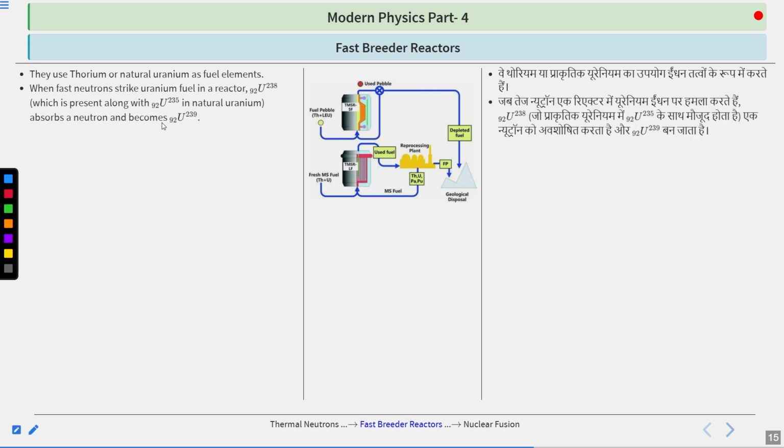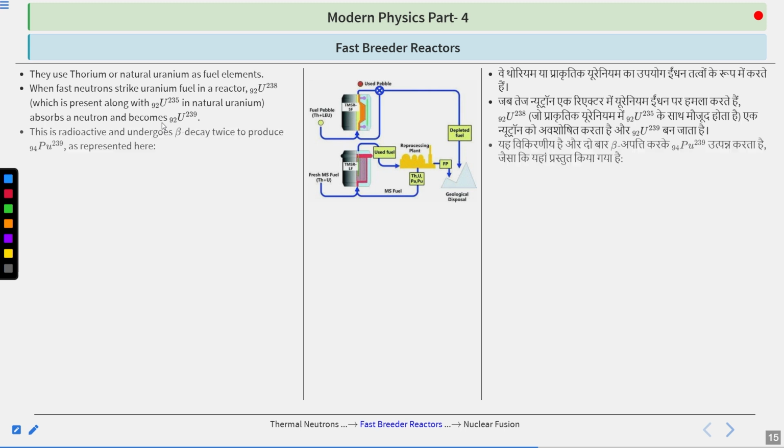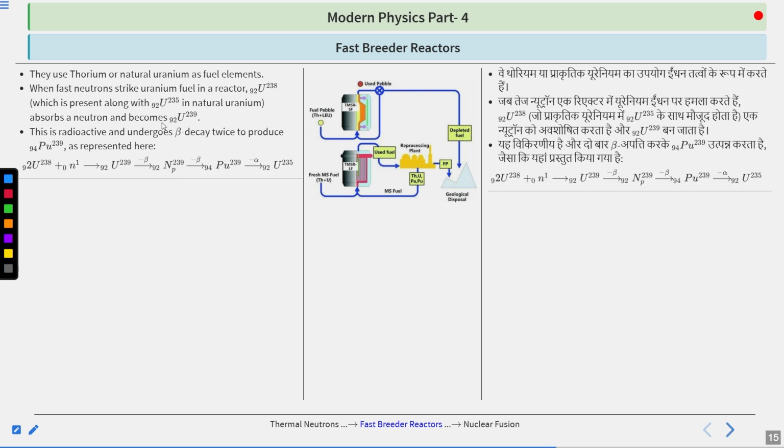When the fast neutrons strike uranium fuel in the reactor, U-238, which is present along with U-235 in the natural uranium, absorbs a neutron and becomes U-239. This is radioactive and undergoes beta decay twice to produce plutonium-239, as represented here: uranium-238 plus 0n1 equals uranium-239, beta decay, then Np-239, beta decay again, and then plutonium-239.